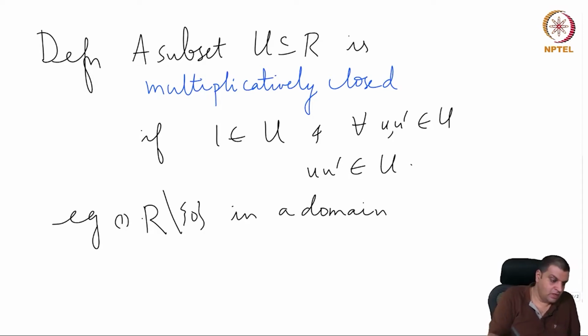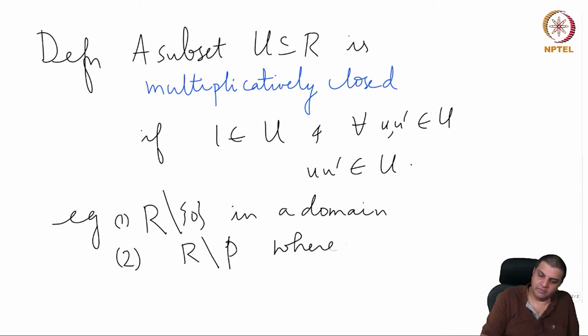Two, this is a special case of the second one, R minus P, where P is a prime ideal.